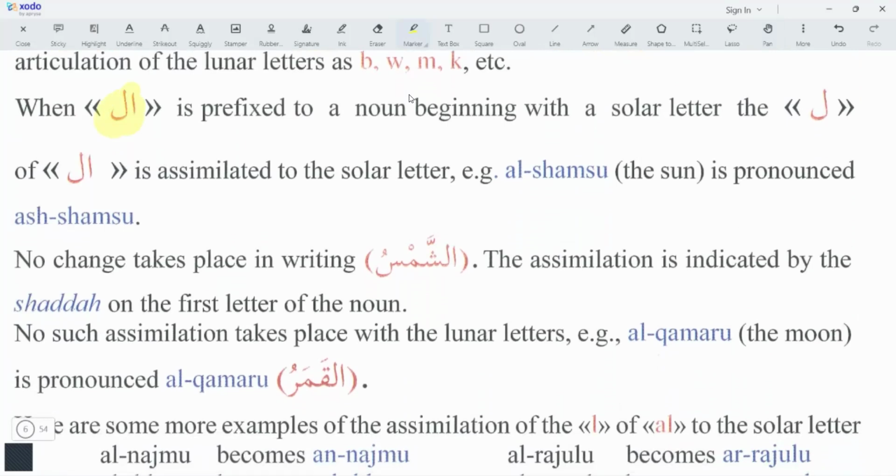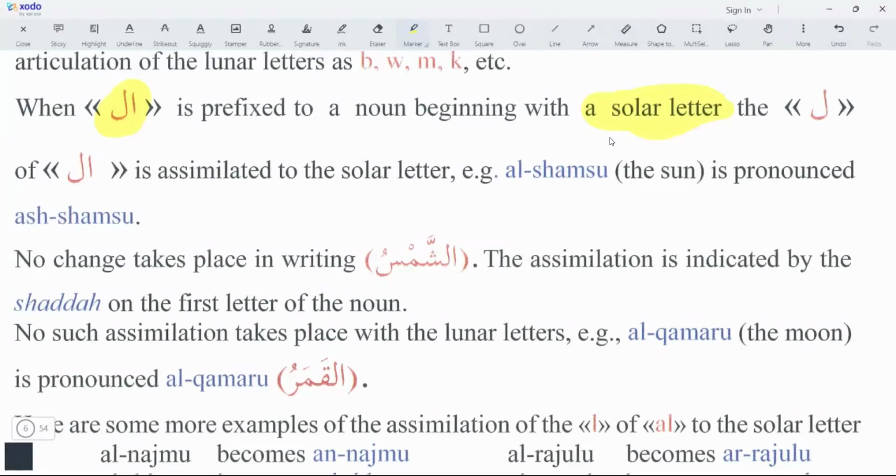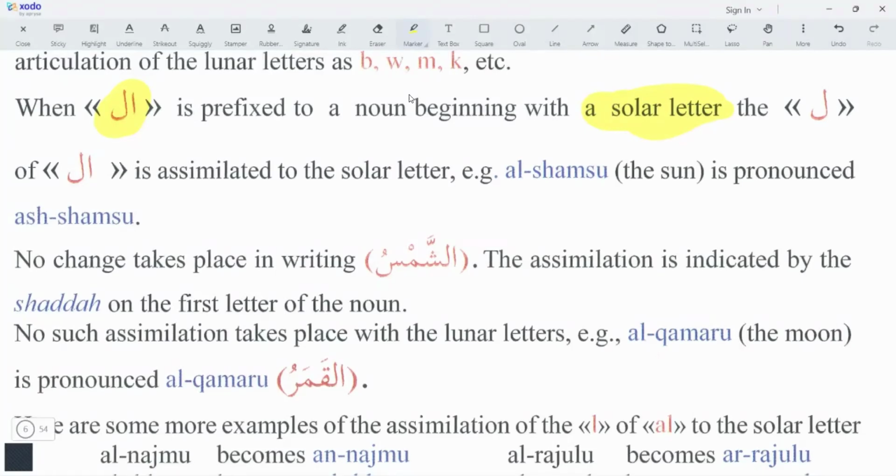When alif and lam is prefixed to a noun beginning with a solar letter, the lam of alif lam is assimilated to the solar letter.